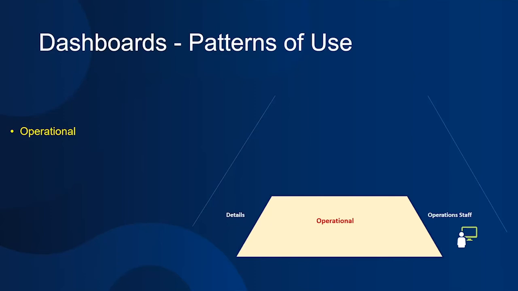It's very important for the operations department. It has a lot of details about the visits, maybe the coverage areas, the completed surveys, etc. This we call the operational dashboard, the first level of the pattern of use.